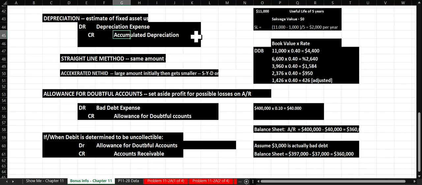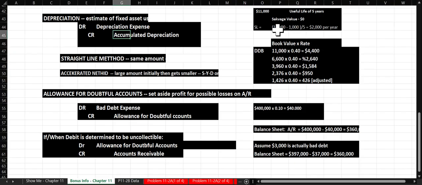So let me just quickly go through and show you the difference between two methods for allocating the cost of your asset. One is called the straight line. I think this is probably the most popular method of allocating, where you spread this amount over the life of the asset in an even way.